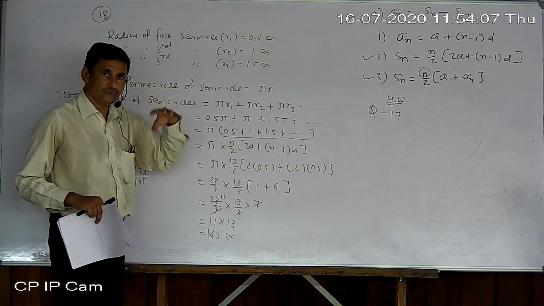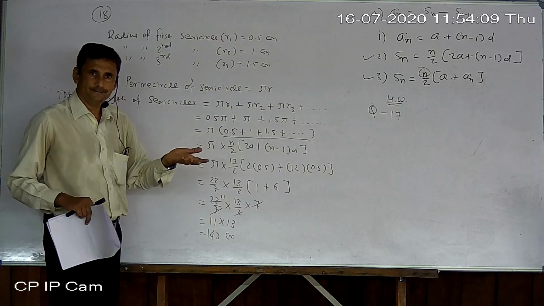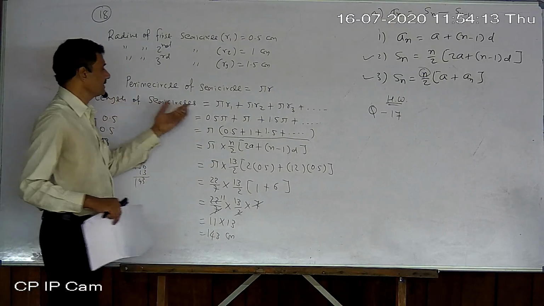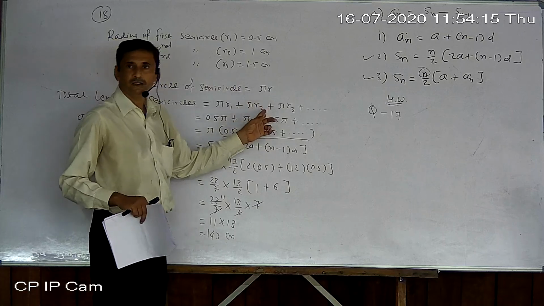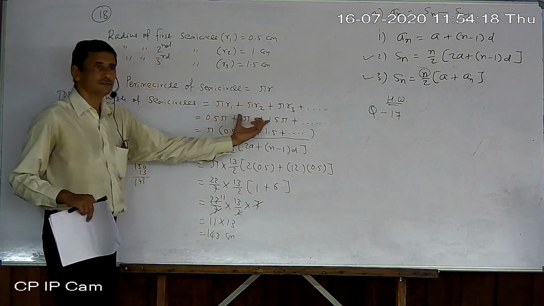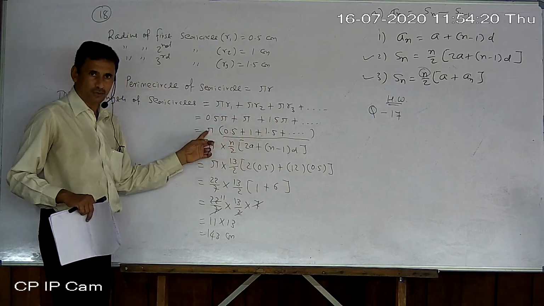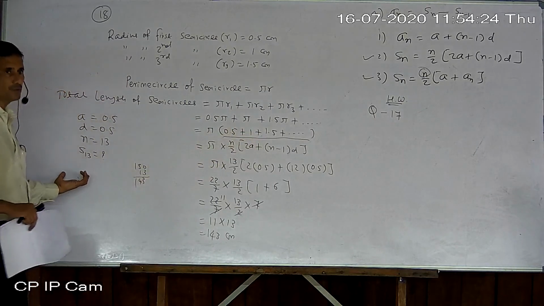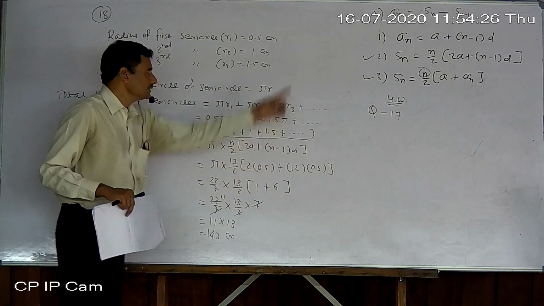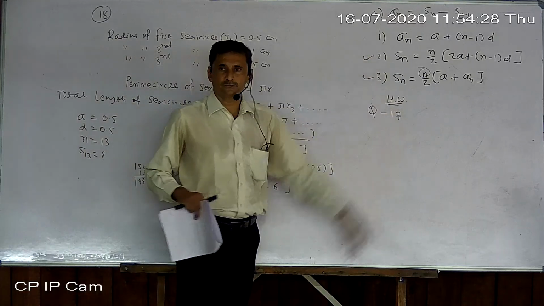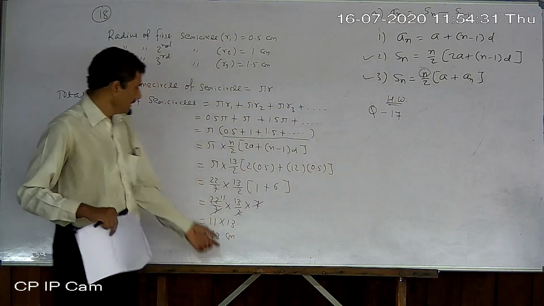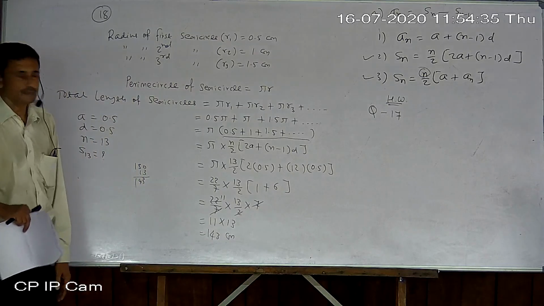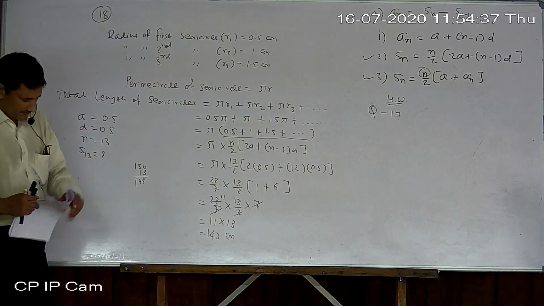So we have to use that concept of geometry. We find the total length of the semicircles by using that formula. We know all values of r, we place them there, and pi is taken common. Whatever is left inside the bracket is nothing but an arithmetic progression, and we use the sum of arithmetic progression formula. The value of pi is also placed there. So we got the total length as 143 centimeters.